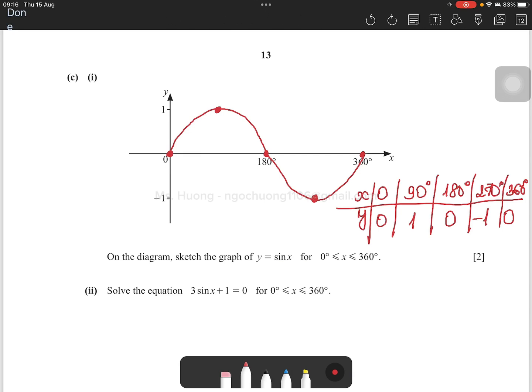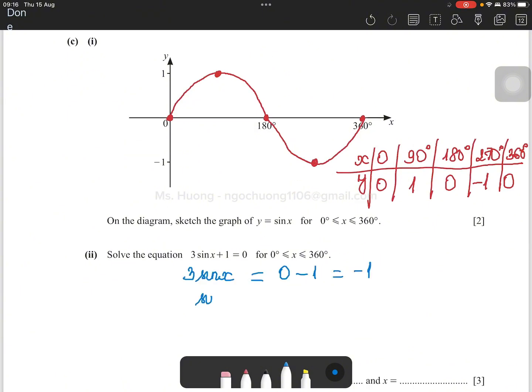Second question, solve the equation 3 sin x plus 1 equals 0. First, I will make sin x the subject by subtracting 1 from both sides. So this is negative 1. And now, to find sin x, we divide both sides by 3.